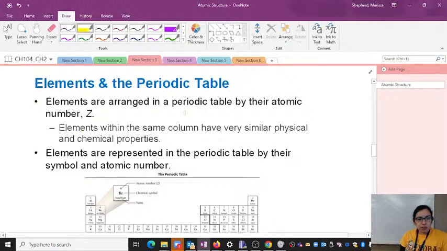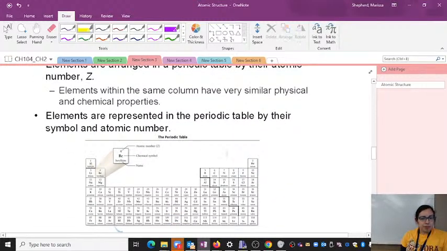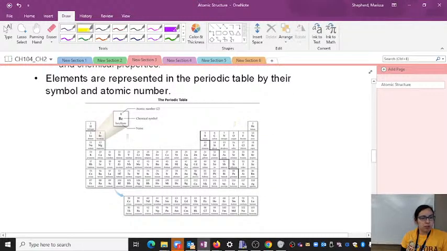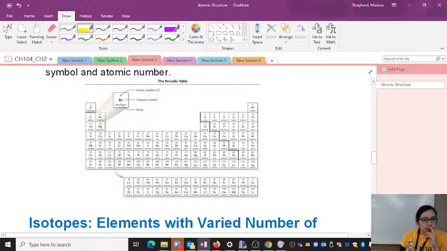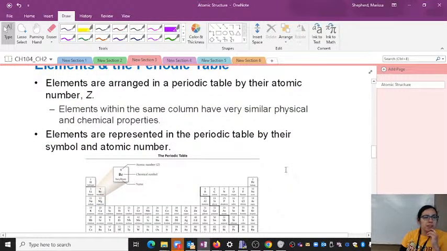And so the elements are arranged in the periodic table by their atomic number, arranged in increasing atomic numbers, so you can just see that it goes 1, 2, 3, 4, 5, etc. But then they're arranged in these funny columns based off of their properties. So elements within the same column have very similar physical and chemical properties.